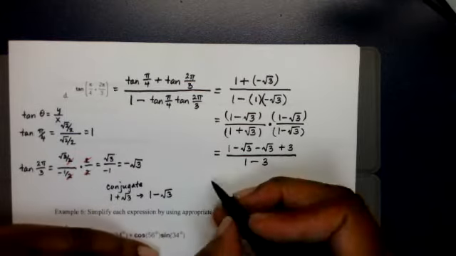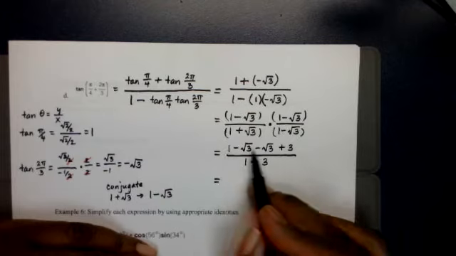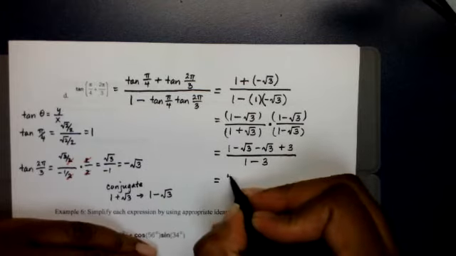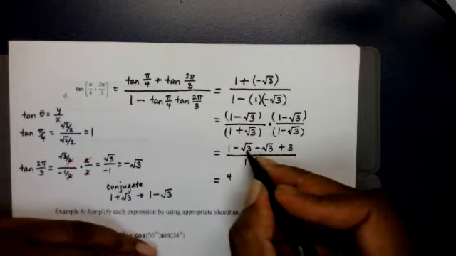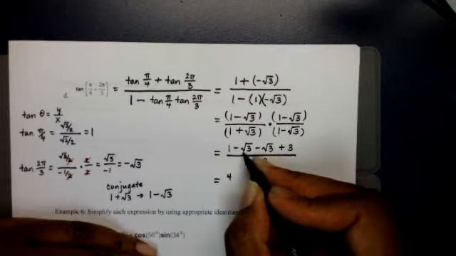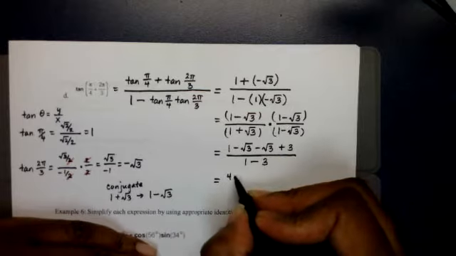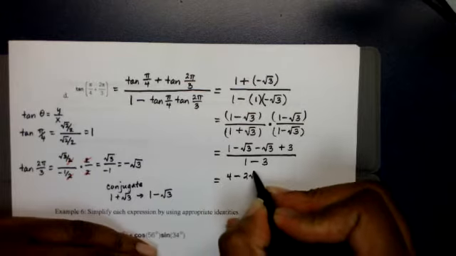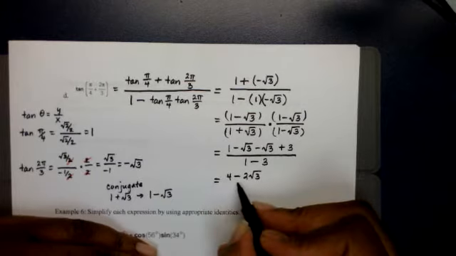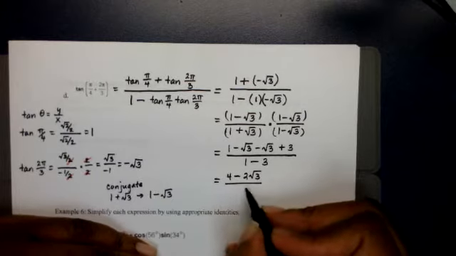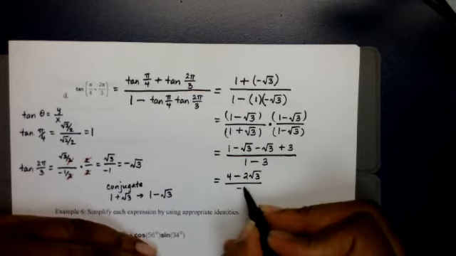Now let's simplify this. Combining like terms, I got 1 plus 3, which is 4, minus square root of 3 and another minus square root of 3. How many square roots of 3 do I have? That would be 2. So it'd be 4 minus 2 square root of 3, and then 1 minus 3 will be negative 2.